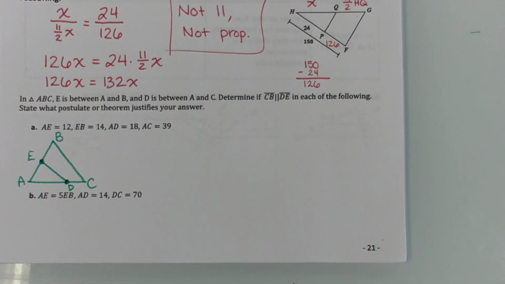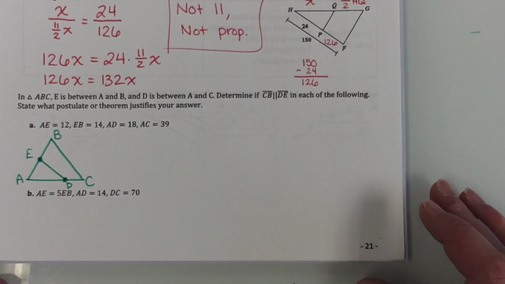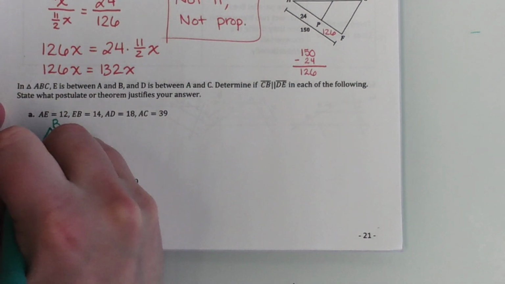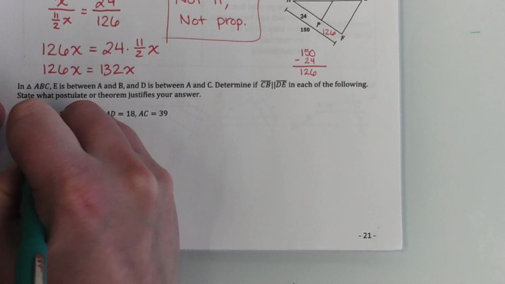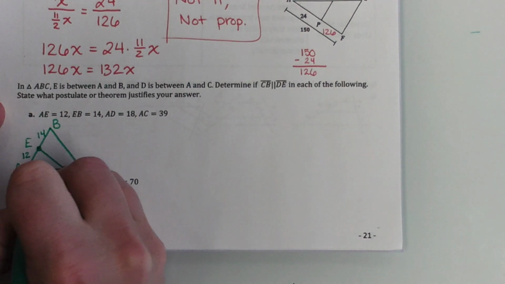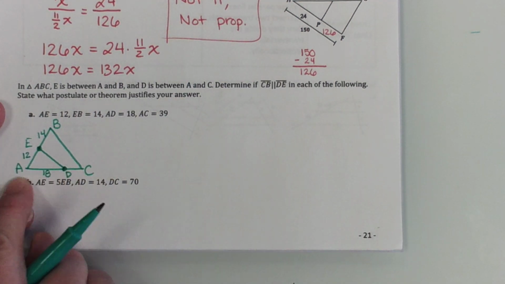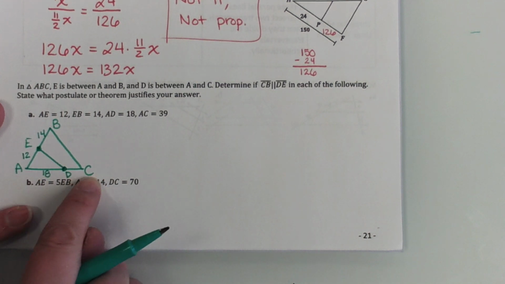Now in my picture they do not look parallel, but does that tell me anything? No, I drew the picture. If they looked parallel, I wouldn't know any better than if they didn't. I just put points between and connected them. Sometimes you're going to see these same types of problems as above, where they give you 12, 14, 18. All the way across was 39. I should have drawn this slightly differently.